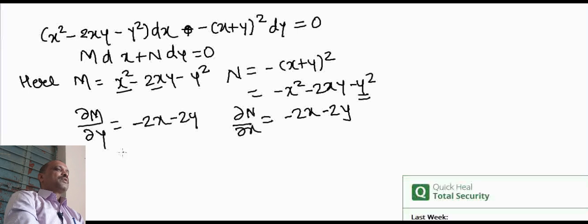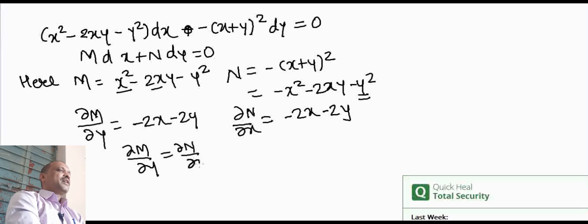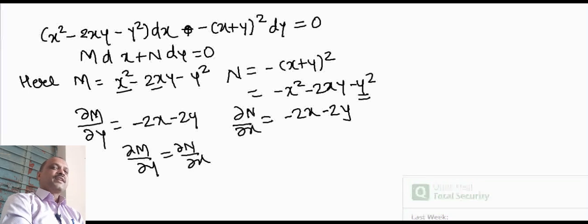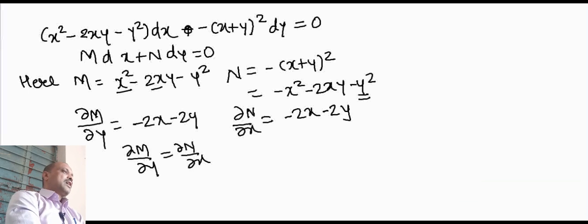So, therefore, we have seen that ∂M/∂y equals ∂N/∂x. The condition is satisfied and therefore the given equation is an exact differential equation. Now, to find the solution, first let us integrate M with respect to x.